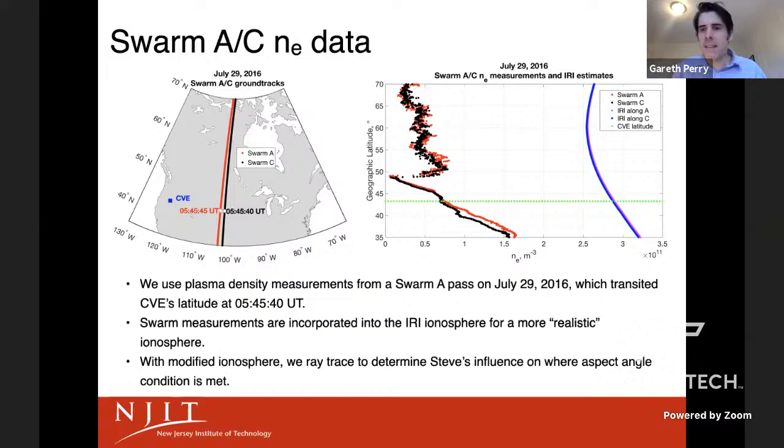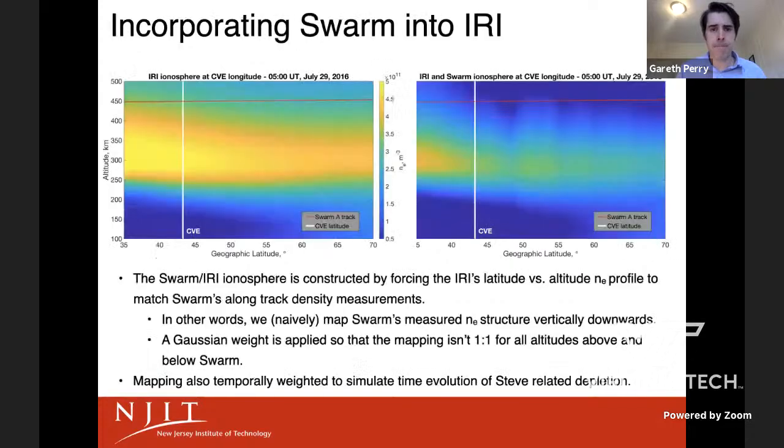You can see that the plasma density profile at this topside altitude of 450 kilometers is quite dynamic. That equatorward slope of this Steve event, or this SAID, is quite dramatic. So we took the Swarm data and tried to incorporate it into IRI, to make them match, and then ran the ray tracer to see if we could reproduce this event.